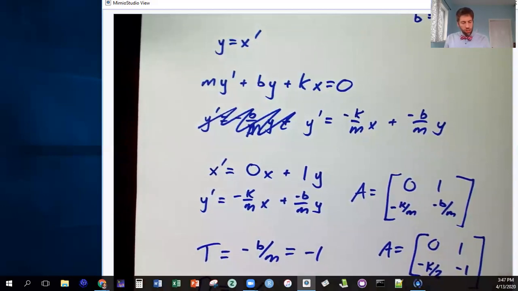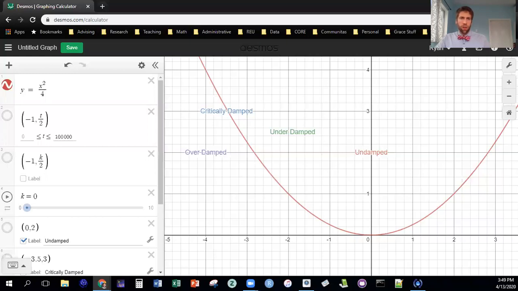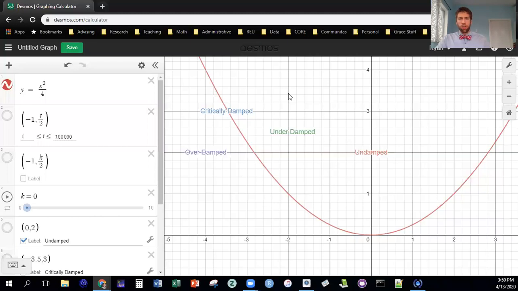Then sketch a line in the trace-determinant plane that parameterizes the family of equations. So I'm going to switch over to Desmos to do that. Okay, so now I'm in Desmos, and we're graphing the trace-determinant plane.